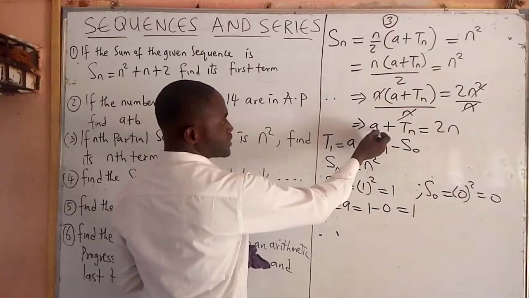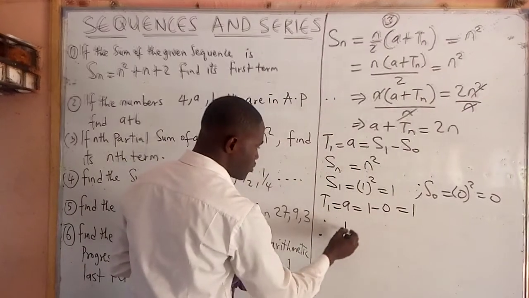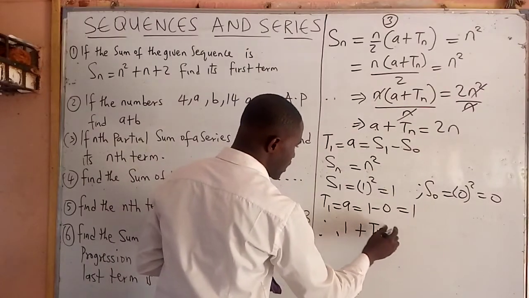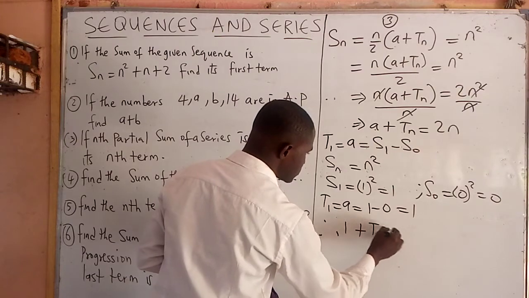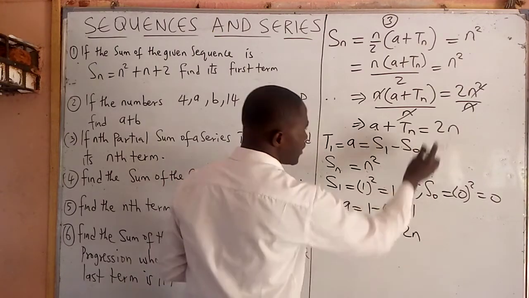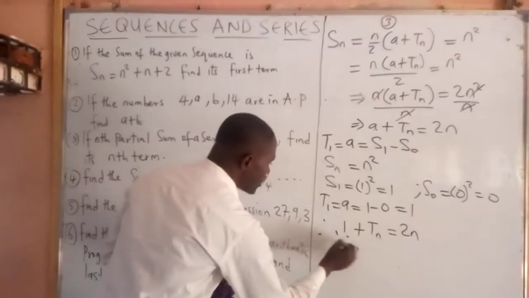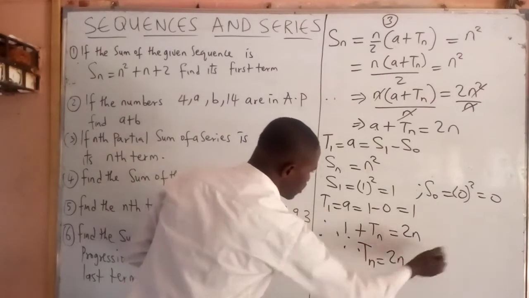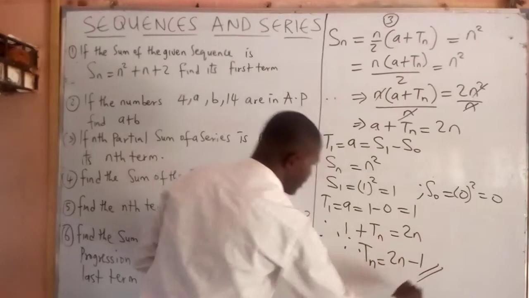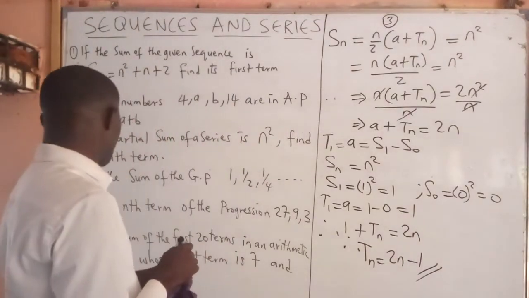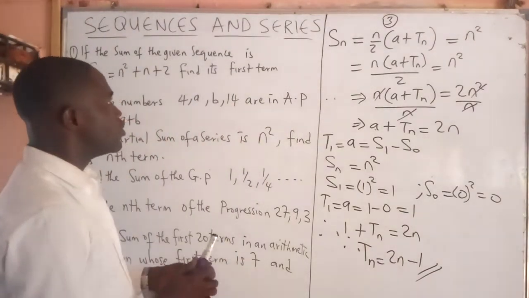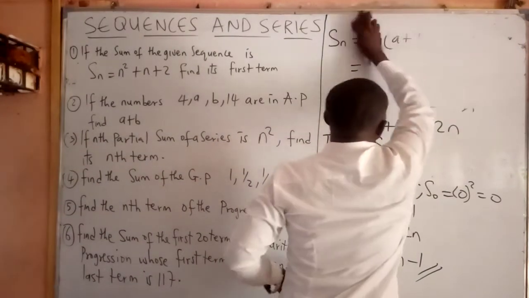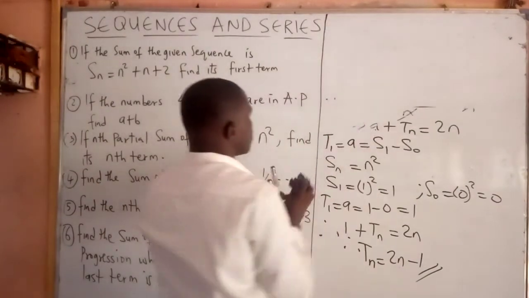Therefore, you now say, what is your A? You write 1 plus Tn, and Tn equals 2n. Therefore, the nth term will be equal to 2n minus 1. Answer. We have been able to get our nth term. We go to the fourth question.